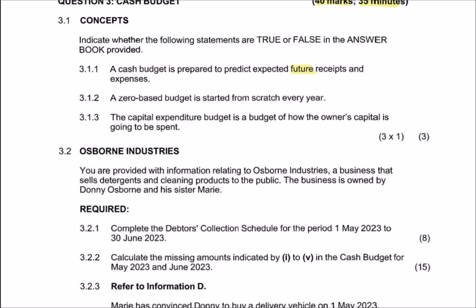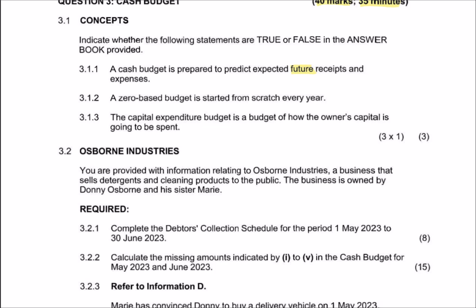You don't consider your previous year's expenditure or your current expenditure, or your current revenue. You just do your budget from nothing, using only your own prediction and your own estimates, not estimating based on a figure. So that would be true.